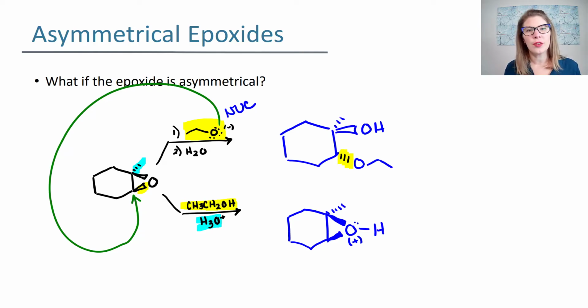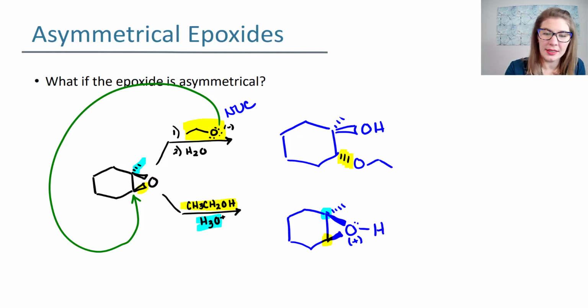Now, in order for this to occur, the carbon of the epoxide ring, the one I'm highlighting in blue or the one I'm highlighting in yellow, has to let go of a bond a little bit. It has to let go of that C-O bond and start creating a partial positive. Well, the carbon in blue is better able to take on that extra partial positive, or a lack of electrons, because there are more carbon groups attached to it.